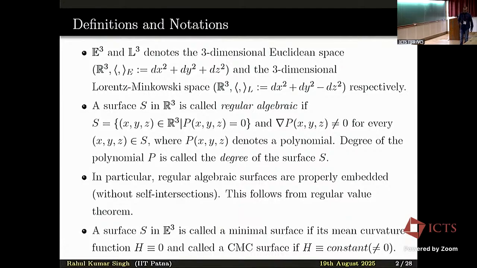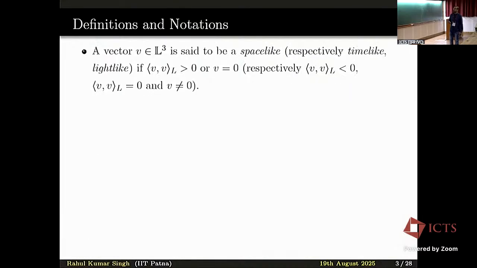Okay, so what is a minimal surface in E3, Euclidean space? If its mean curvature function vanishes identically, we say it's a minimal surface. And we say it's a CMC surface if the mean curvature is a non-zero constant at every point.